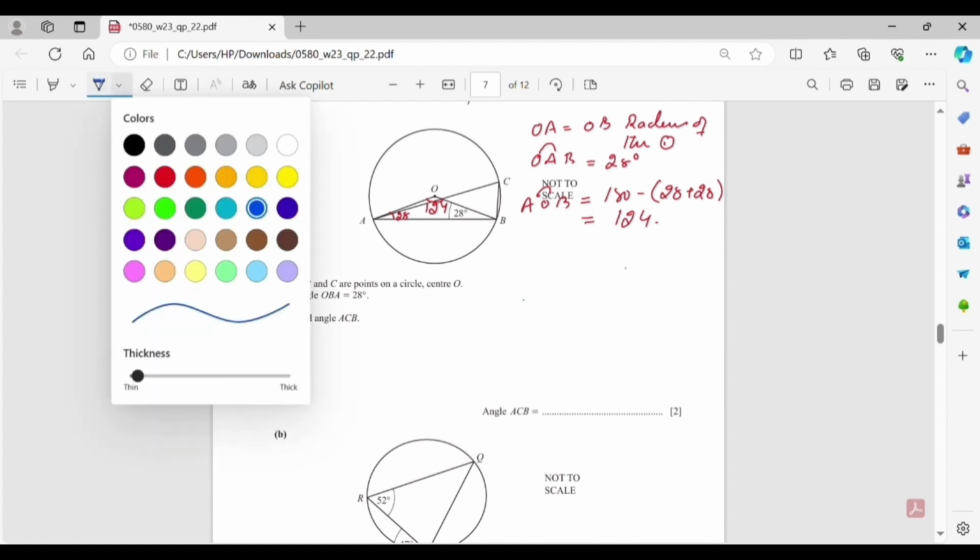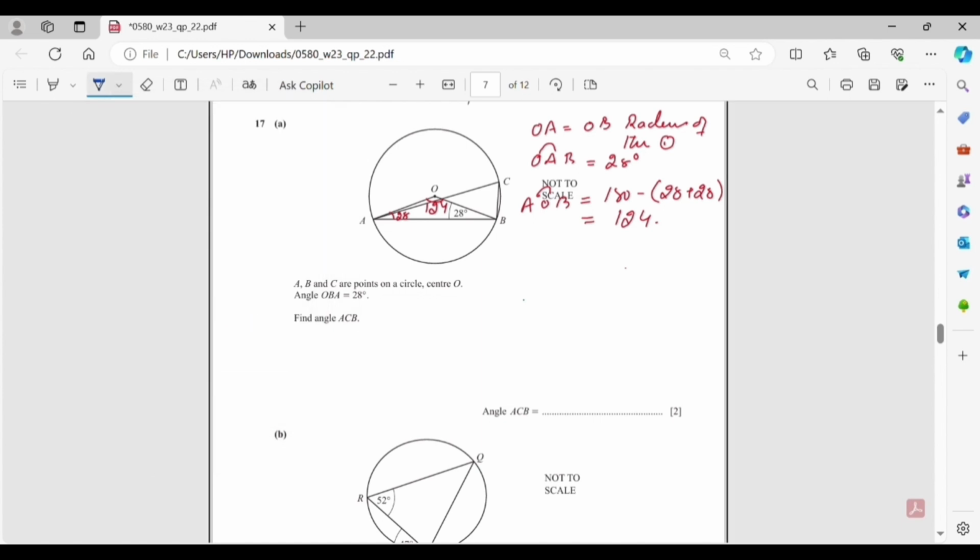Now we have to find the angle ACB, this angle. Now angle ACB will be equal to half the angle AOB.